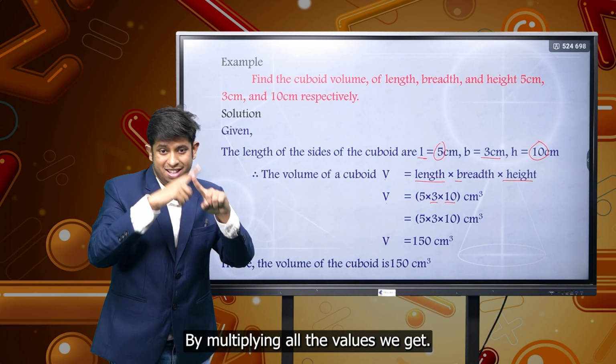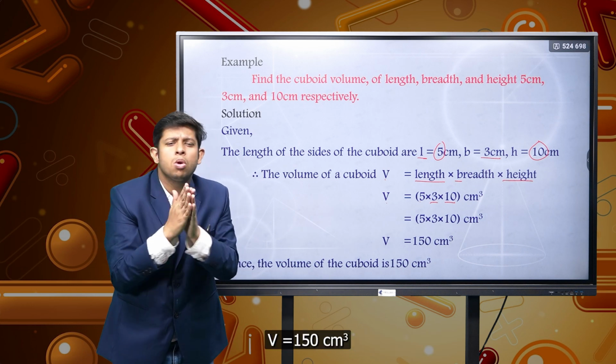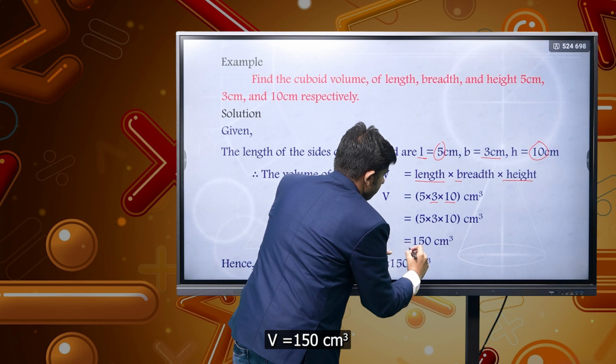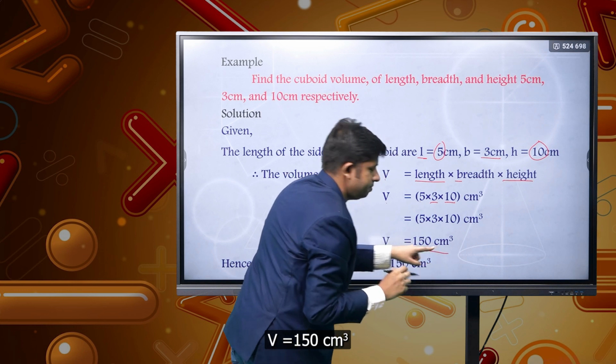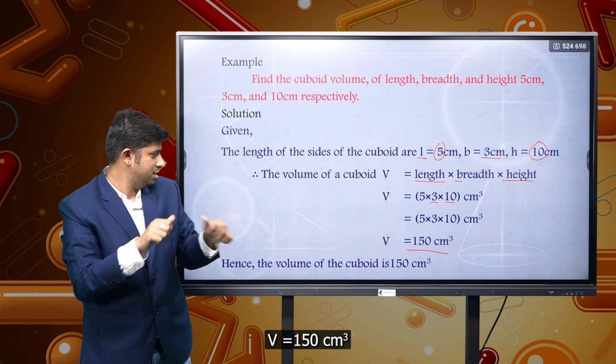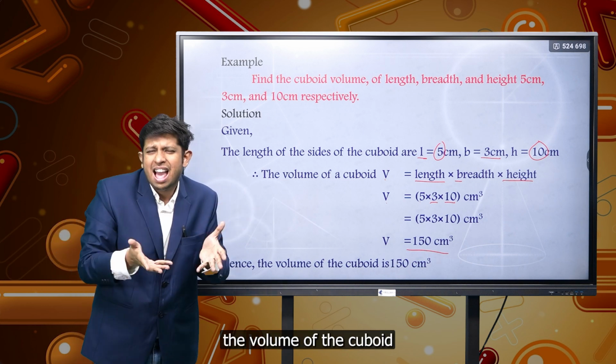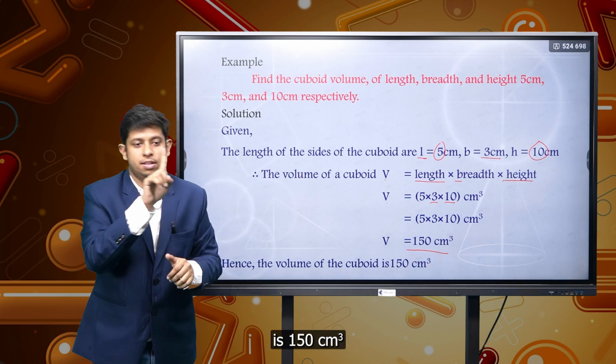By multiplying all the values, we get V is equal to 150 centimeter cube. Hence, the volume of the cuboid is 150 centimeter cube.